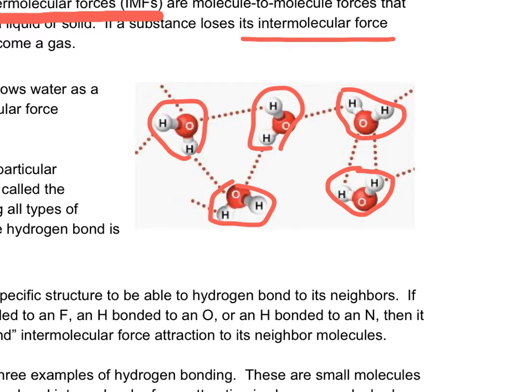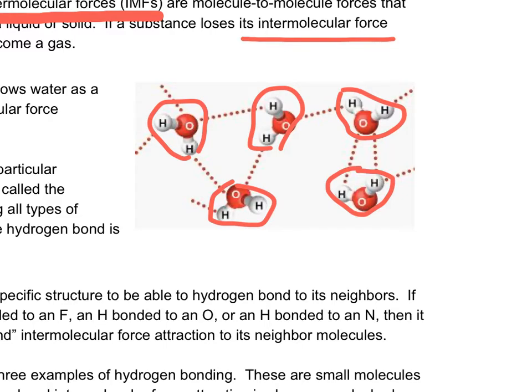So in the solid, liquid, gas phases, you will find intermolecular force connecting the molecules of the solid, and you will find intermolecular forces connecting the molecules in the liquid, but in a gas you will not have intermolecular forces. So this diagram is intending to represent either a liquid or a gas for water.